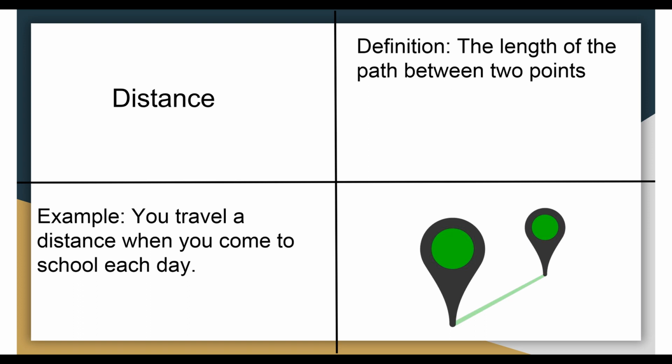Right now you don't need to worry about it. Right now we just need to focus on our word here, distance. And for the image, it's just kind of nice and simple. We basically have a point here and we have a point here. If it's easier for you to think about it, we could think of it as point A, and we can think of it as point B, and we are traveling that distance.